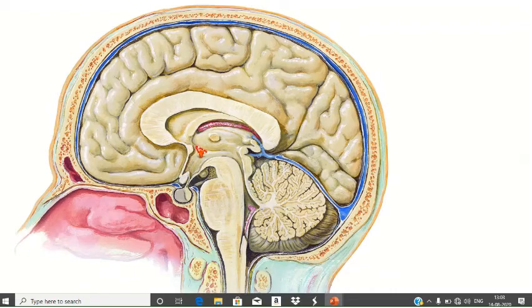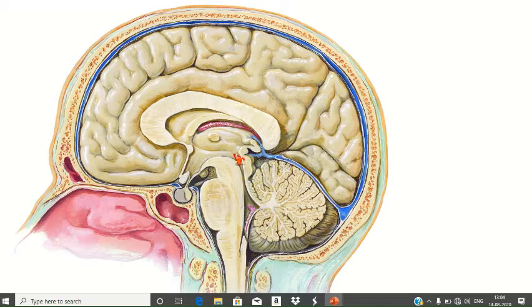This hypothalamic sulcus extends from the interventricular foramen anteriorly to the rostral end of the aqueduct of the midbrain. Here you can see the aqueduct. So from the interventricular foramen, it extends posteriorly and reaches rostral to the aqueduct.